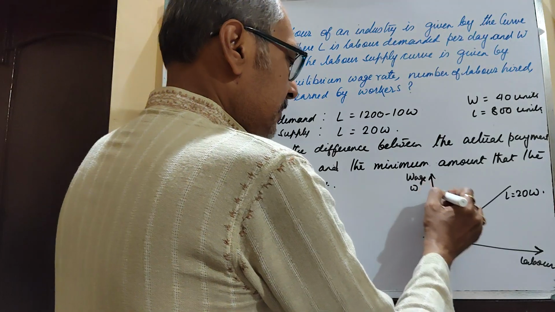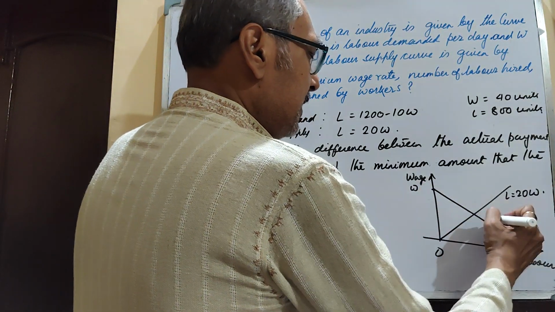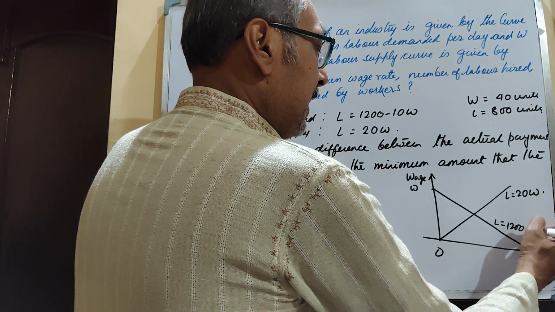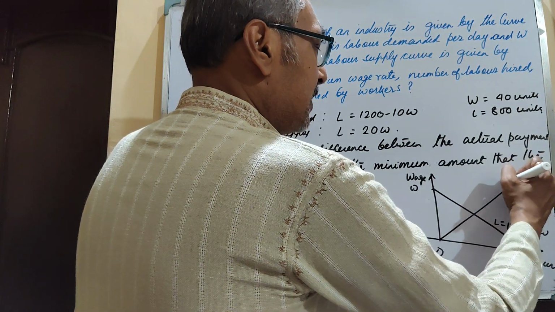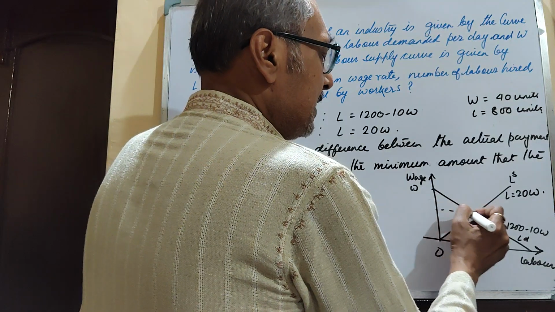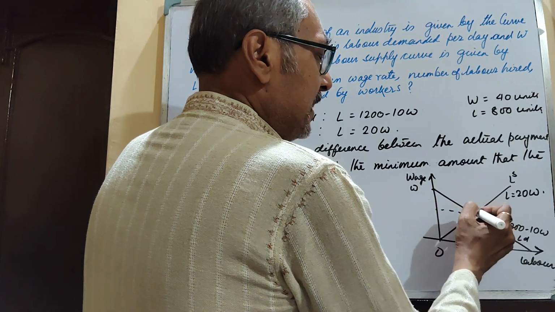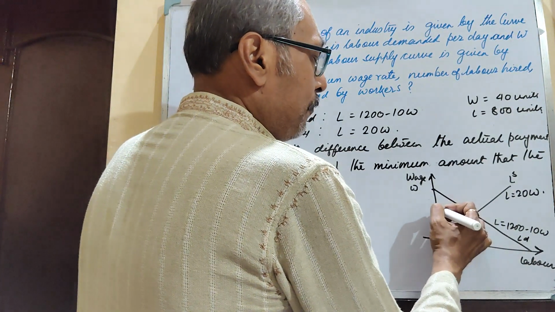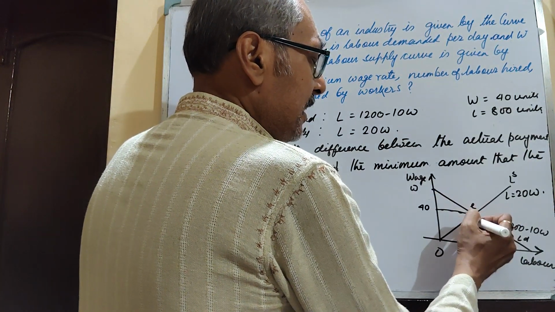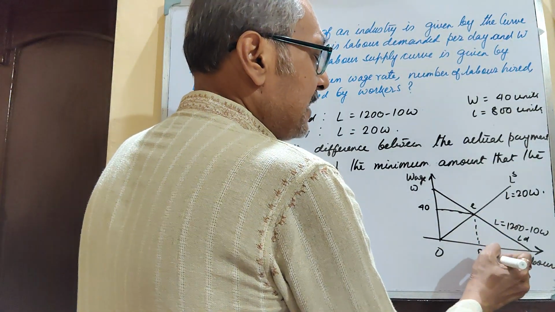Now this is the curve, L equals 1200 minus 10W. This is our labor supply curve. This is our labor demand curve. This is the equilibrium point. E is the equilibrium point and equilibrium wage is 40 and employment is 800.